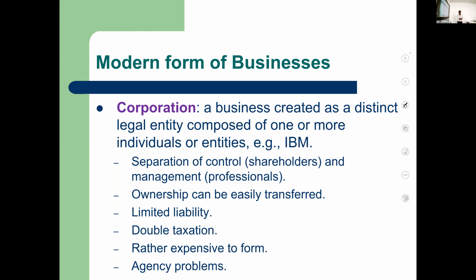So corporations means similar to company, right? A business created as a distinct legal entity composed of one or more. What is the meaning of legal entity? What is the meaning of legal entity? Yeah, explain.